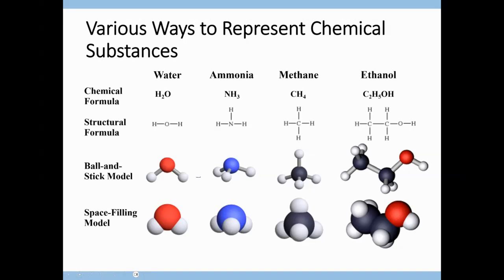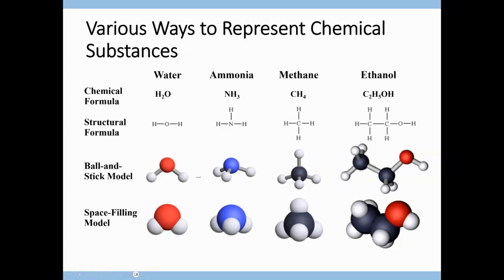In the space filling model, we can't see the bonds, but this is most similar to what exists in the real world, because a bond is an overlapping of orbitals, and orbitals are spaces around the nucleus.